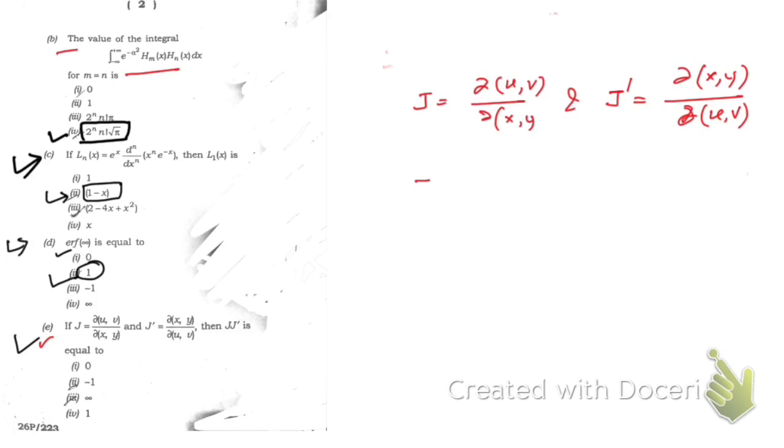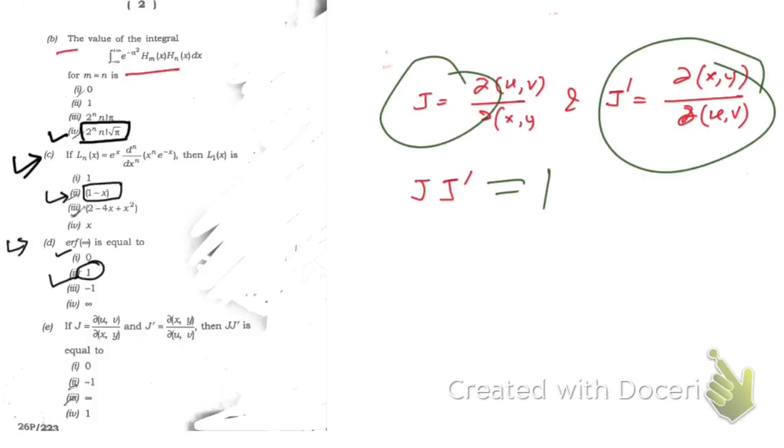What we need to find is z times z inverse. It is clearly seen that this one is the inverse of this one, so definitely it is going to be equal to 1. So the fourth option is correct. Now let me take the next question.